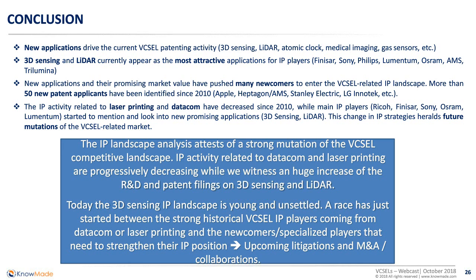What is also very interesting today is that the 3D sensing IP landscape is very young and unsettled. But as Paul said also, the market value is very high and the growth rate is very high. And so most of the players are now willing to be part of this segment and to assert their position. Because of that, we expect a lot of litigation and M&A in the next couple of years.